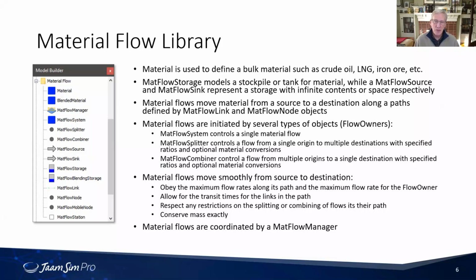Sometimes you'll have objects where two different flows could use the same link, but only one of them can use it at a time, so you can restrict combining along a path. And lastly, the material flows conserve mass exactly.